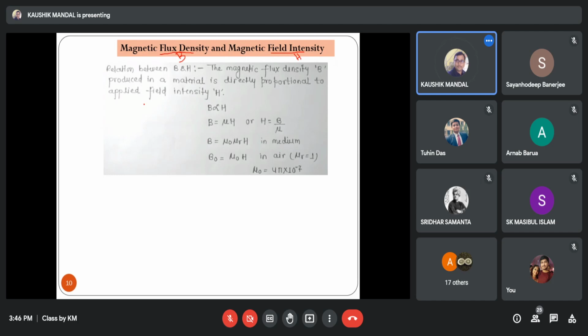Okay. So this magnetic flux density B, as you know, is directly proportional to the magnetic field intensity. The magnetic flux density B, or the magnetic field, is directly proportional to the magnetic field intensity H. That is B equals mu H, where mu is the proportionality constant, known as the permeability of the medium.